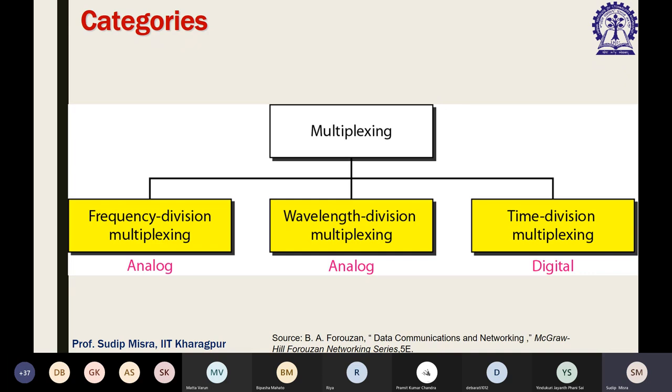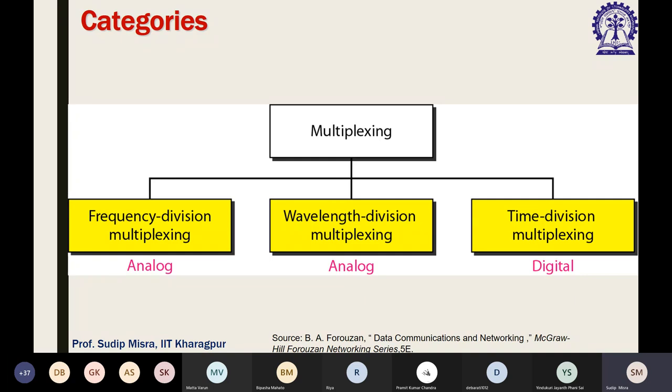The first two, frequency division and wavelength division, have a lot of commonality between them, because the wavelength can be transformed to get the individual frequencies. So wavelength and frequency are interlinked.